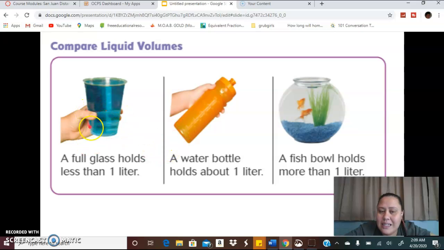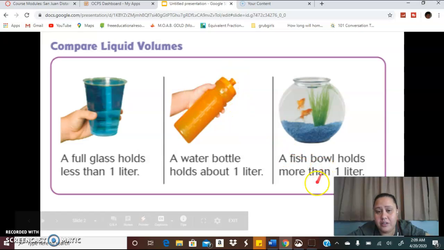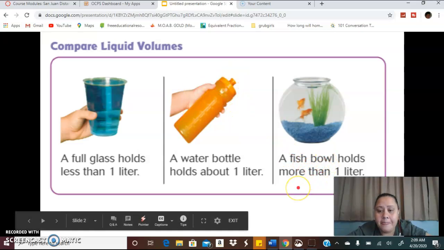So if it's less than 1 liter, then what you're going to probably label it or measure it with is milliliters. But once we hit this liter point, then you're going to look at items as volume, as how many liters can it fill, such as this fishbowl here. Obviously, it's more than the water in your water bottle, so it will be more than 1 liter.